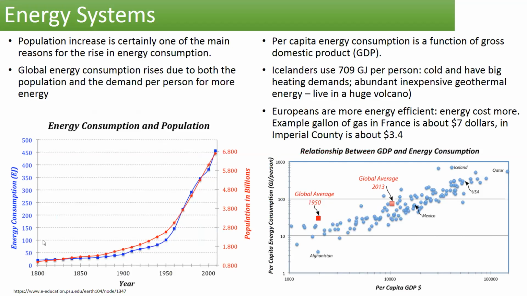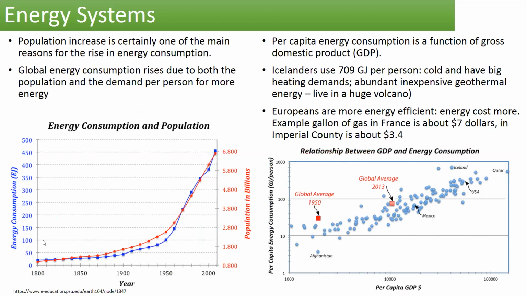But that's not the only way to analyze these kinds of energy systems. We have to dig deeper in order to have a better sense of what's going on with the energy systems on Earth. Another way to analyze this is to use the per capita energy consumption as a function of gross domestic product.